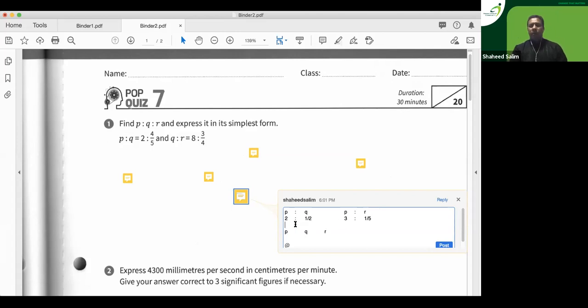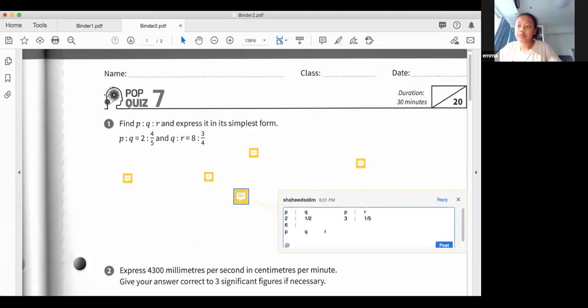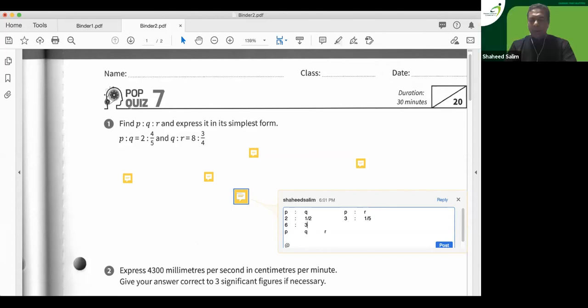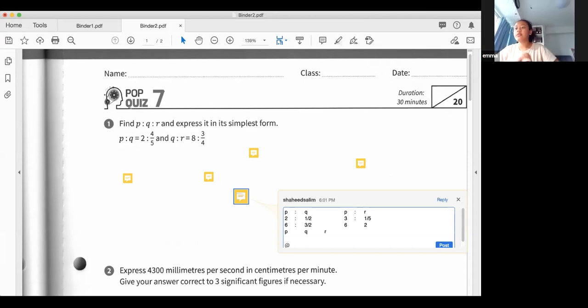Correct, well done. So what do you do? Okay, you tell me. Okay, P is 6 some more. Q is how much? 3/2. 3/2, well done. Okay, P down here is 6, right, you say? R is how much? 2/5. 2/5, good.